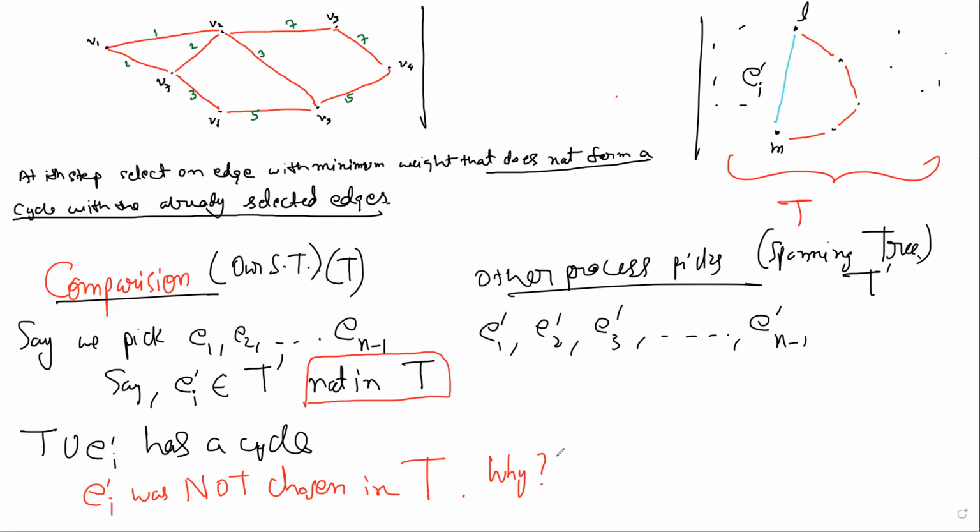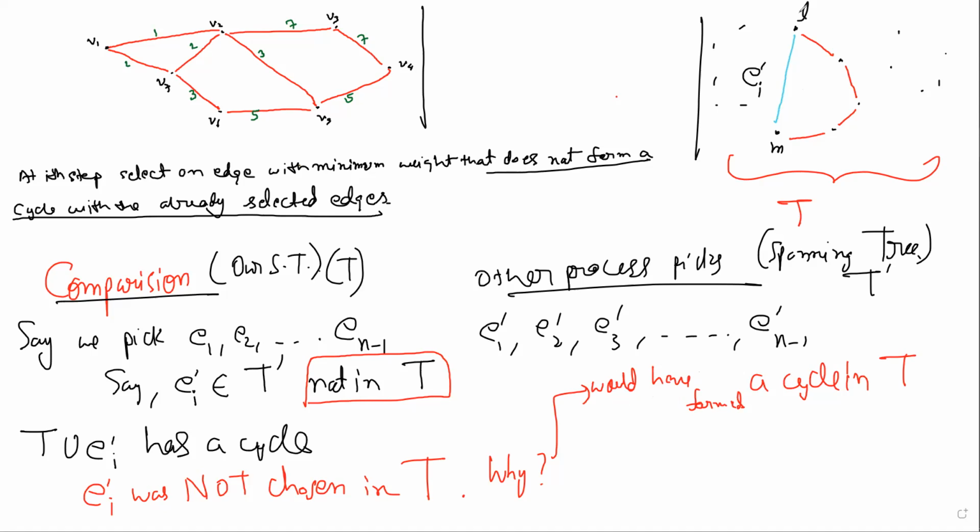So it was forming a cycle in T. Or rather, I should say it would have formed a cycle in T. It didn't happen, but it would have formed a cycle in T.